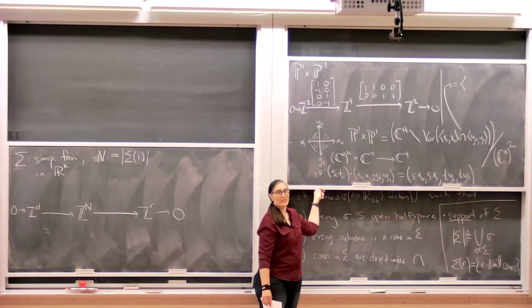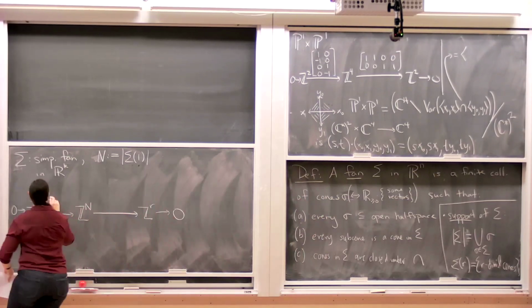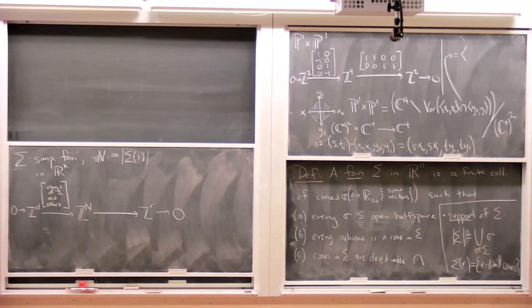Okay, great question. So what I want to do is put the rays of sigma as the rows of this matrix. That's what we did in our three examples so far.